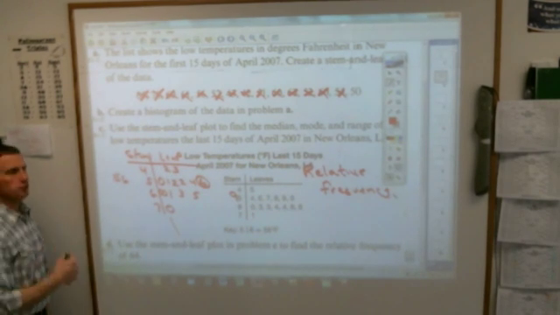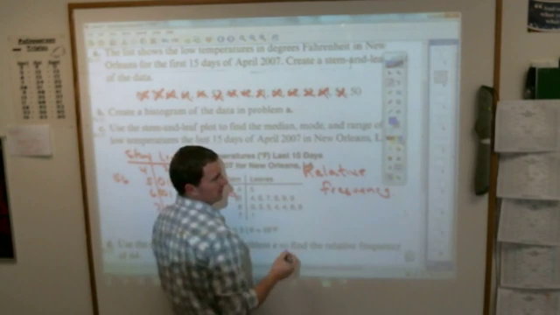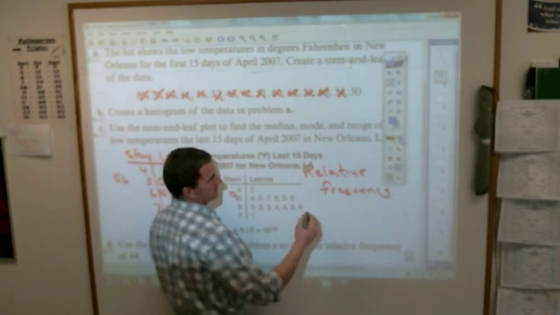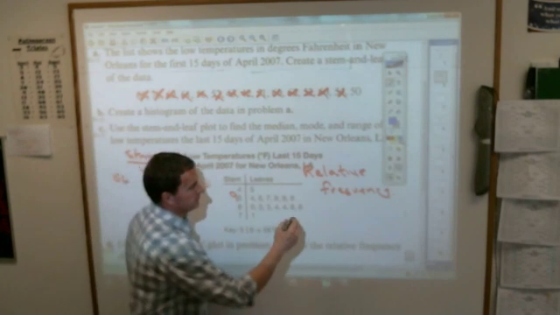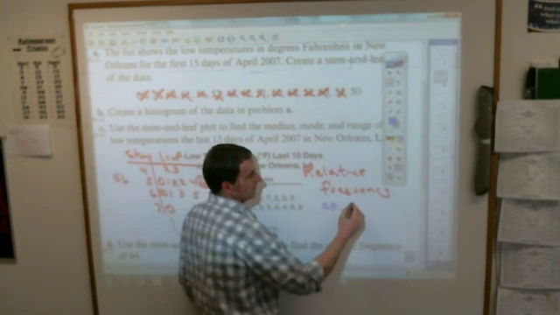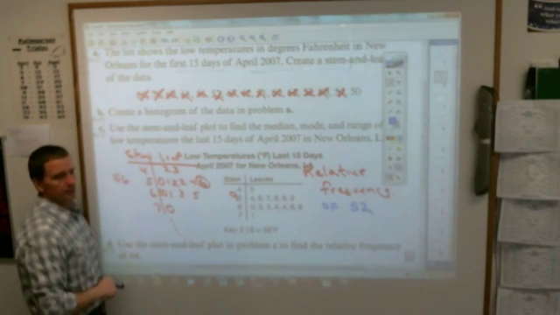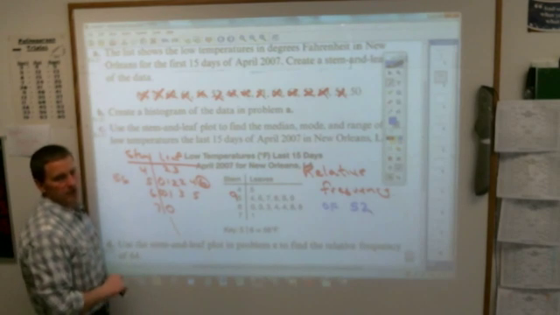Relative frequency is just them asking what percent is the number of all the data. So if I asked you what is the relative frequency of 52? To find the relative frequency, you just take how many 52s there are.